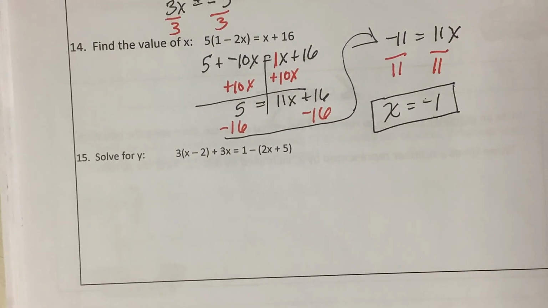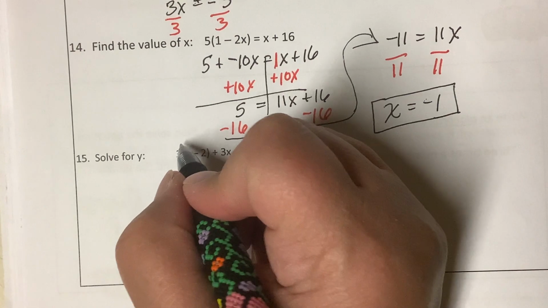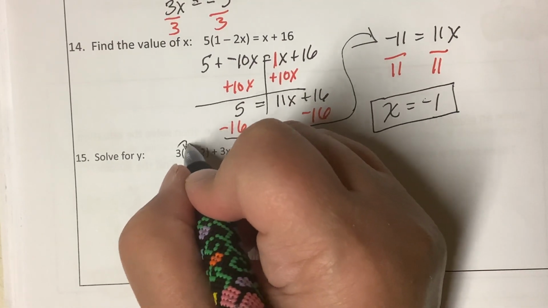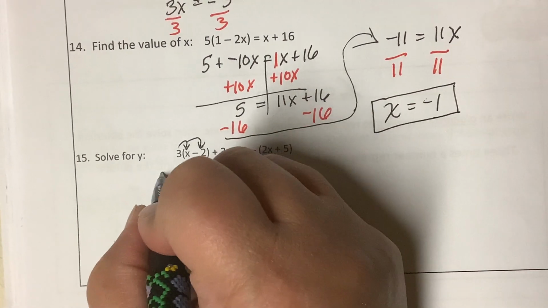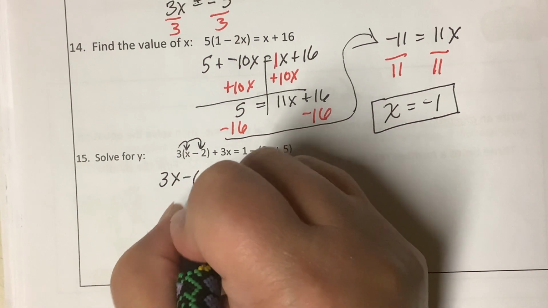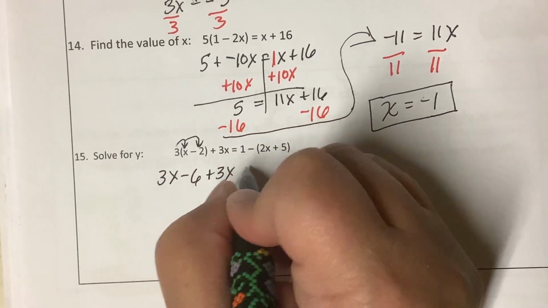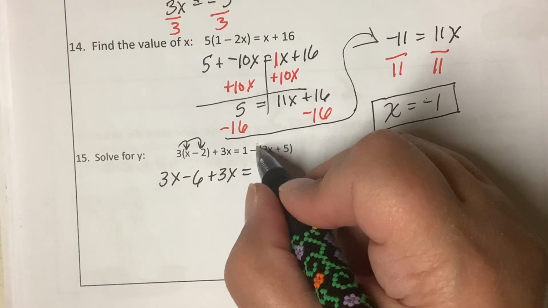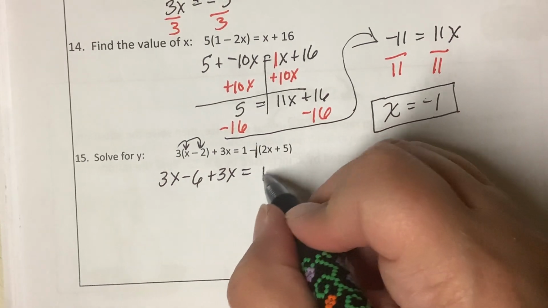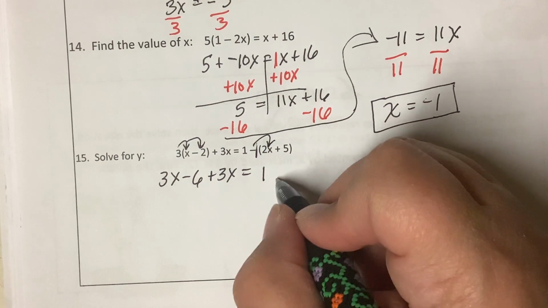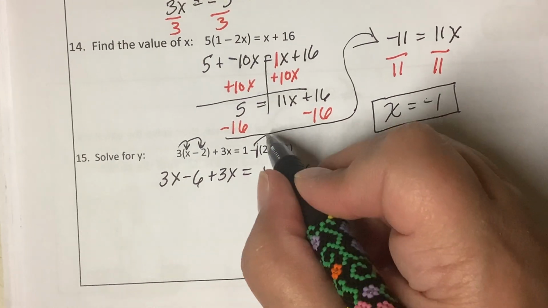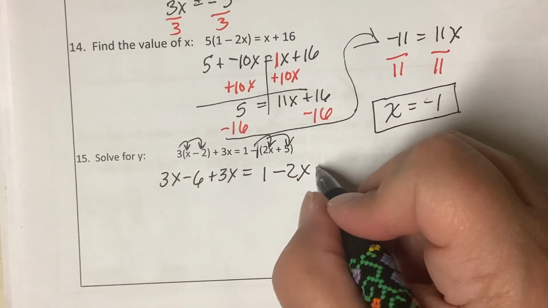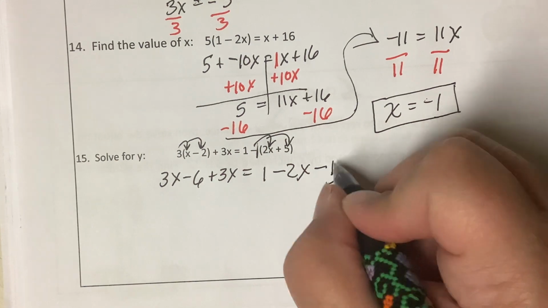Interesting, very interesting. Okay. 3 times x, 3 times 2, 3x minus 6 plus 3x equals, oh gosh, that adding a negative 1 here. So negative 1 times 2, negative 2x, negative 1 times 5, negative 5.